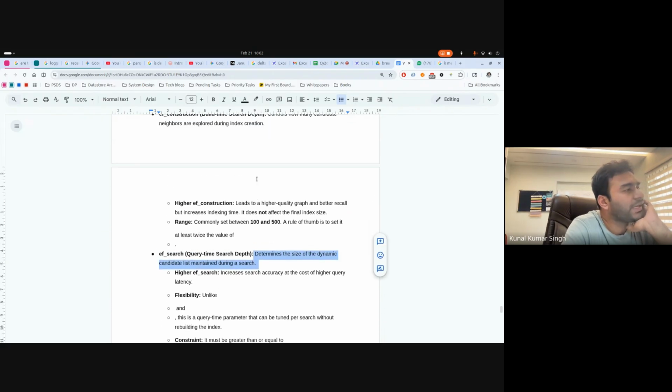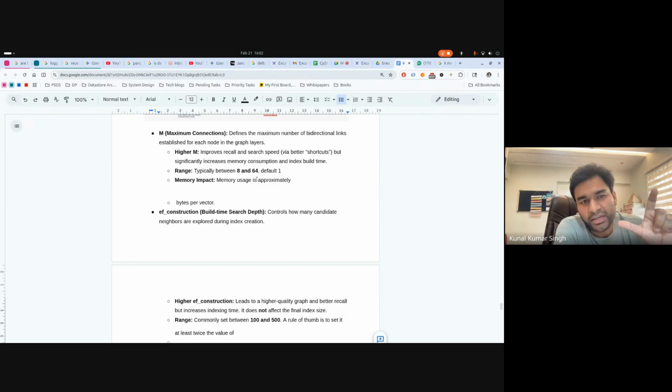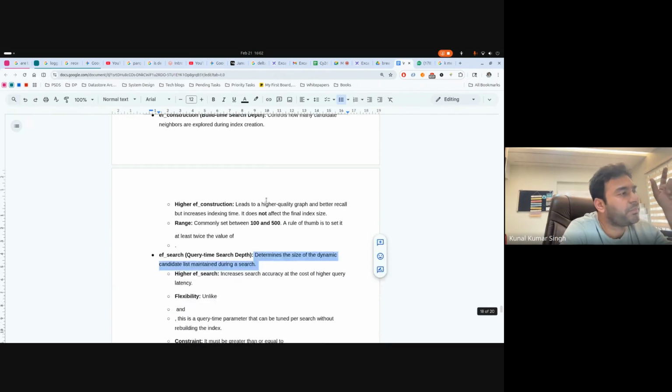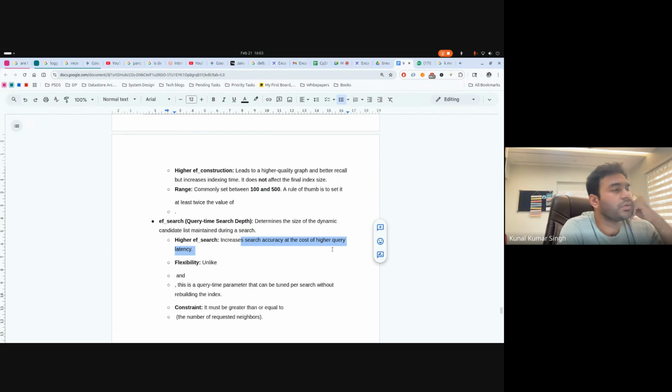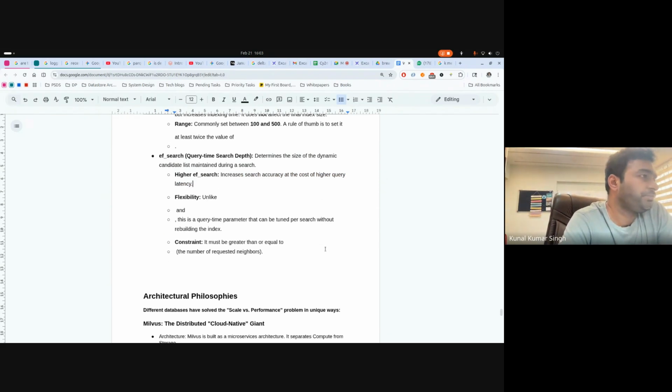So the candidate list we were talking about, right, will be such that finally you have to return 50, but the size that will be maintained is a little higher than that. It increases search accuracy at the cost of higher query latency.